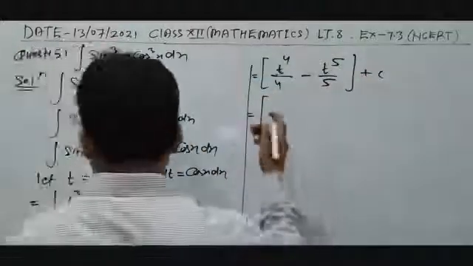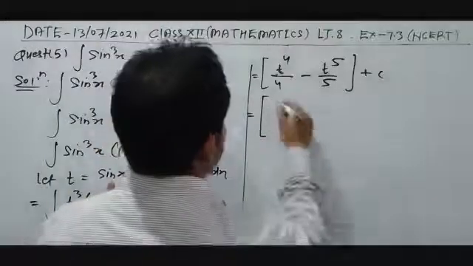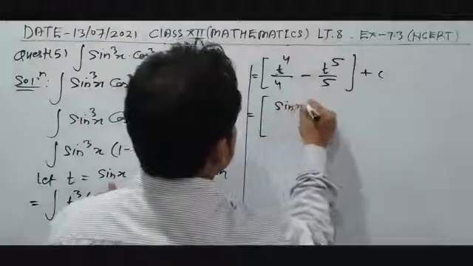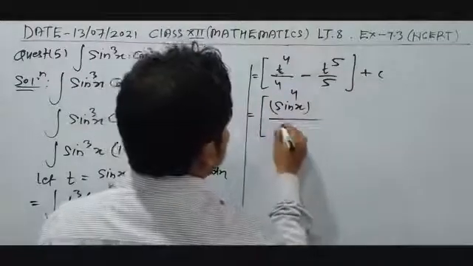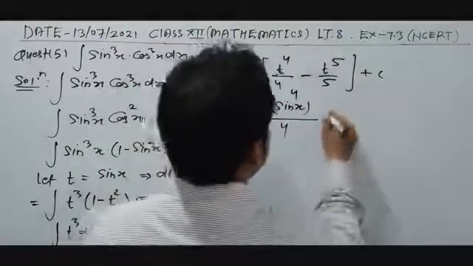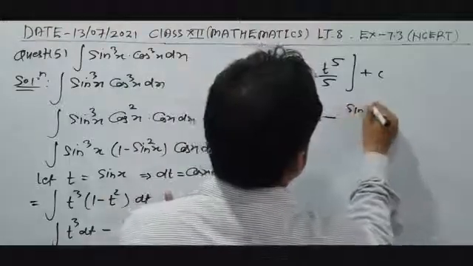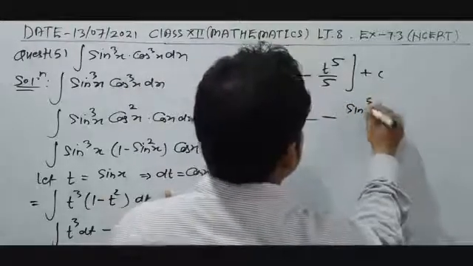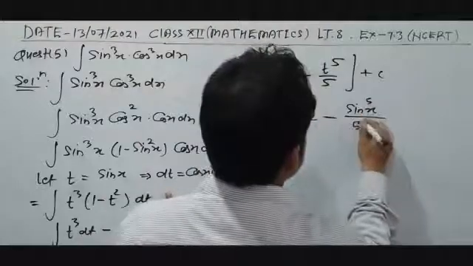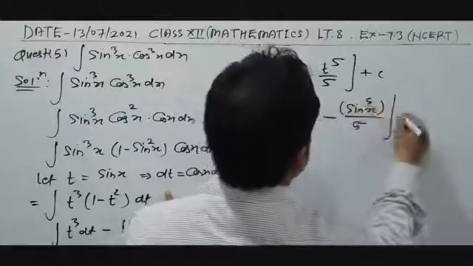So t result is sin x. You have considered, so sin to the power 4x whole upon 4 minus sin to the power 5x whole upon 5, now plus c.